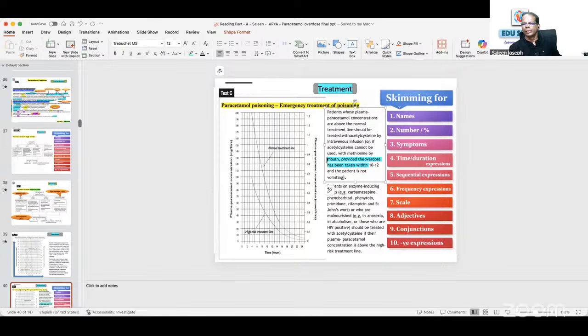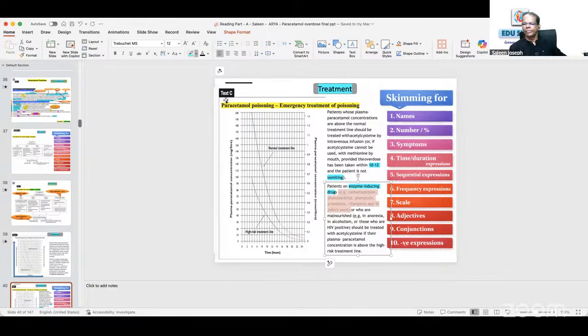Sorry, this should not be highlighted. 10 to 12 hours, right? What else? Vomiting, you said. Then enzyme inducing drugs, a medicine, right? Whatever is inside the box you can just glance through, as it may not be that important. That's how you save time.